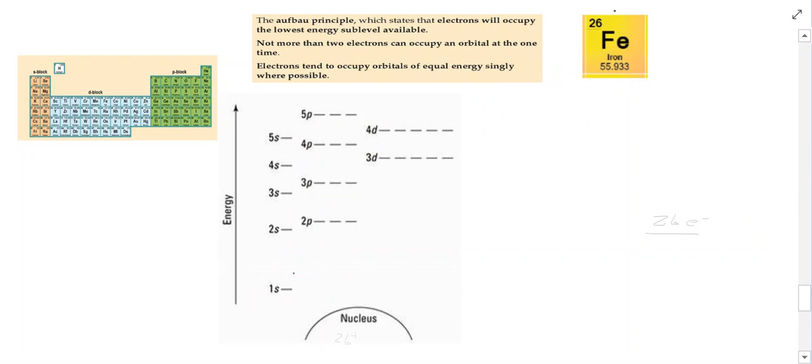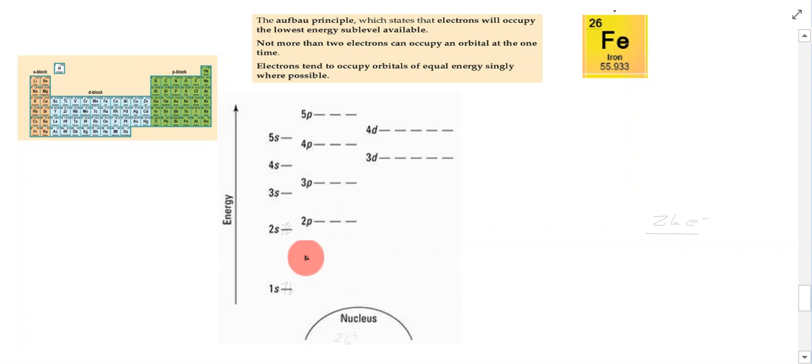So 2 of these are going to be within here. You're going to get 2 electrons here, so that sub energy level is filled up. The next one is this one here, where you're going to get 2, so that one is full. Then this one can hold a maximum of 6, so you're going to have 2 here, 2 here, and 2 here.